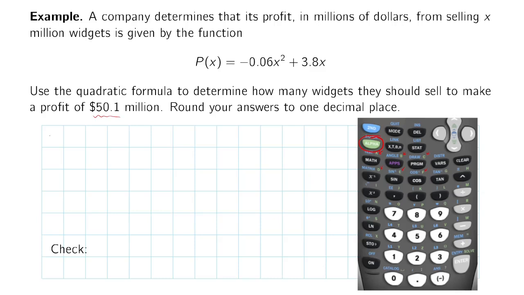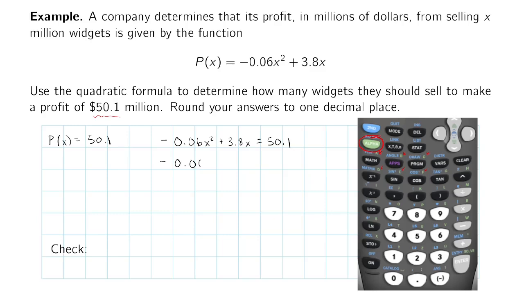So this is saying P of X is 50.1. So negative 0.06 x squared plus 3.8x equals 50.1. To get standard form, we'll subtract 50.1 from both sides.